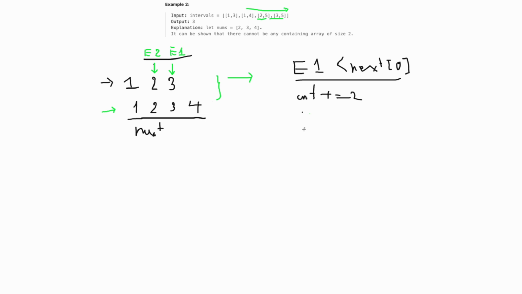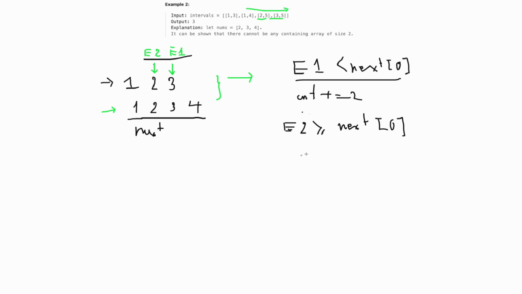Otherwise, for now we will consider the cases of intersection. When intersection happens, we have two cases. The first one in here is that if the e2 is greater or equal to the next 0, it means that we can use both the e2 and e1 in the next interval, right?